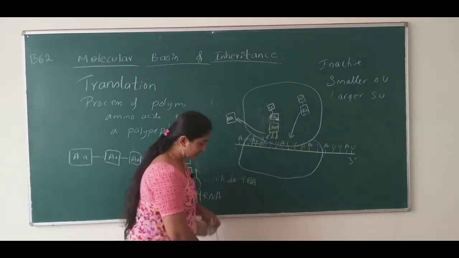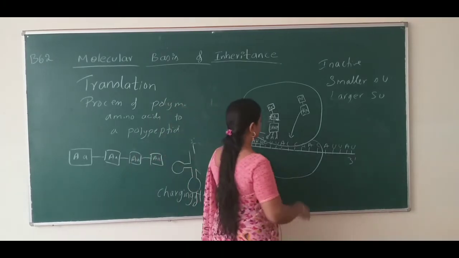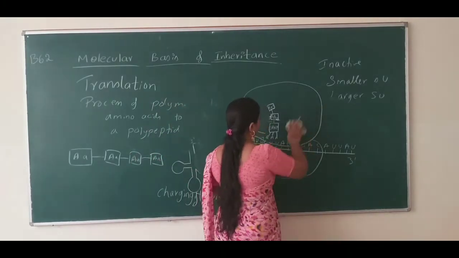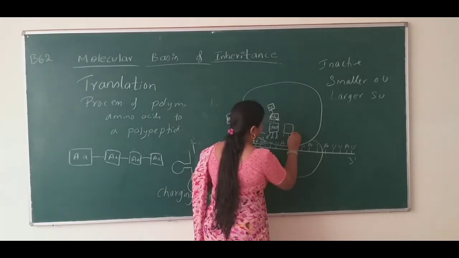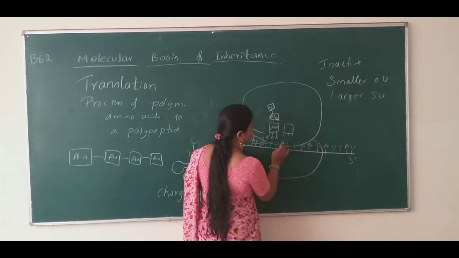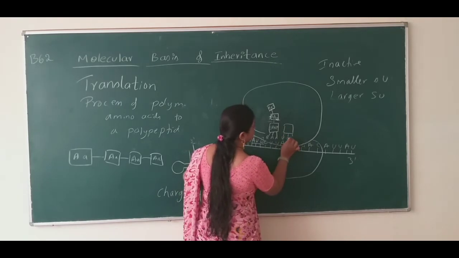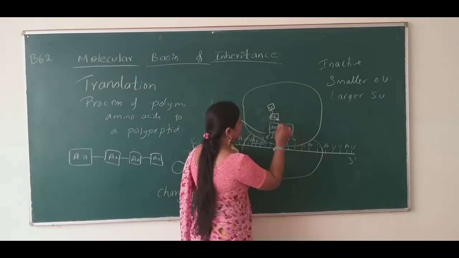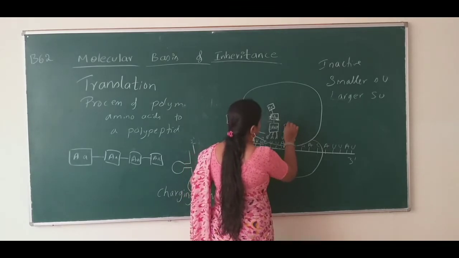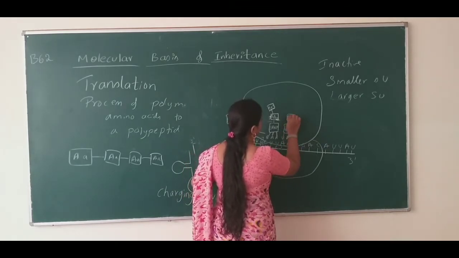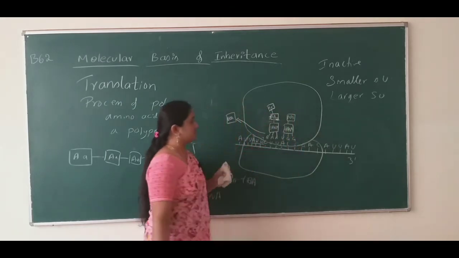What will happen next? Here this tRNA comes and codes with this triplet codon. A codes with U, C codes with G, C codes with G. This is the tRNA, and it will be considered as amino acid 3.